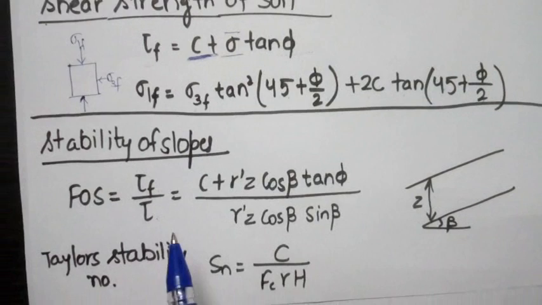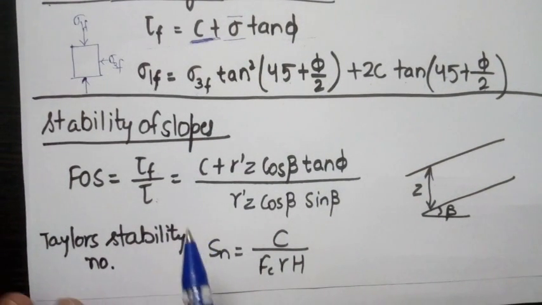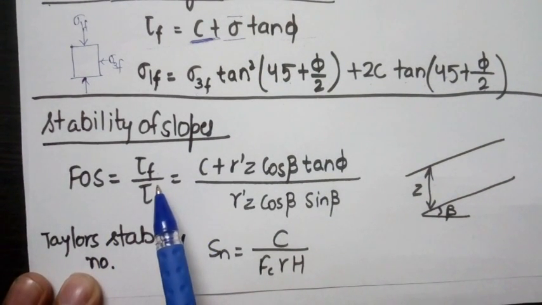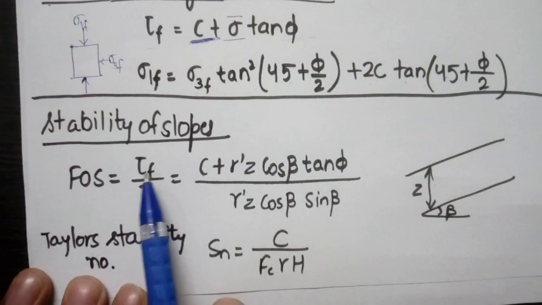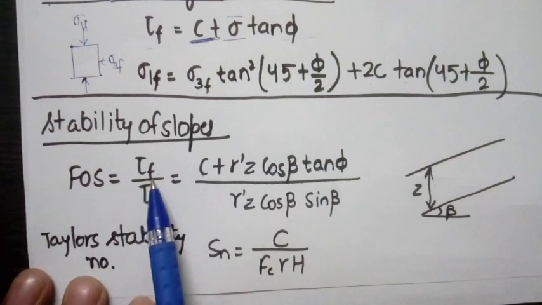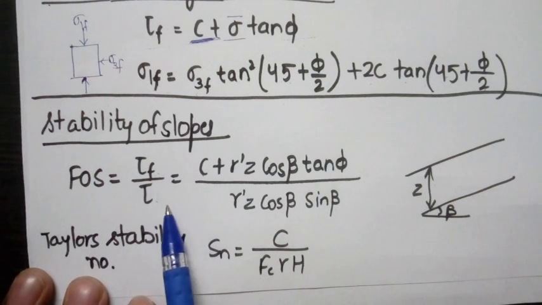Next topic is our stability of slope. In this topic, we have to determine the factor of safety for the failure of the sloped soil mass. Factor of safety is tau f upon tau, where tau f is the shear strength at failure.